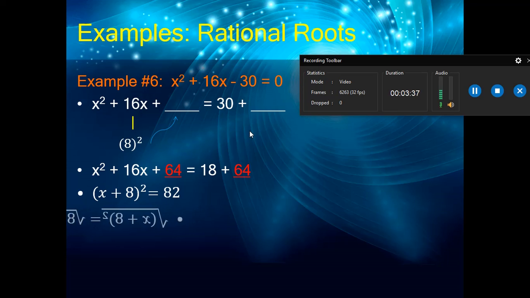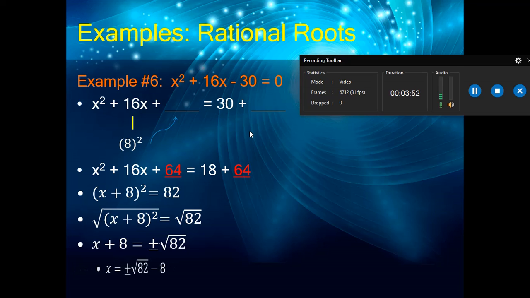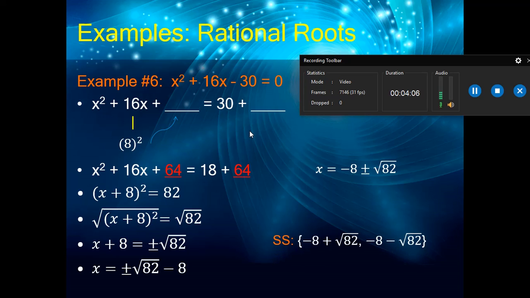We're going to square root both sides, and I'm going to check right now on the iPad, but the square root of 82 cannot be simplified, so we'll leave it as positive and negative. And then to get x alone, we'll subtract 8 from both sides. Again, we're going to put the negative 8 in front. So my roots are negative 8 plus or minus the square root of 82. And in the final step, we separate in the solution set, negative 8 plus the square root of 82 and negative 8 minus the square root of 82.